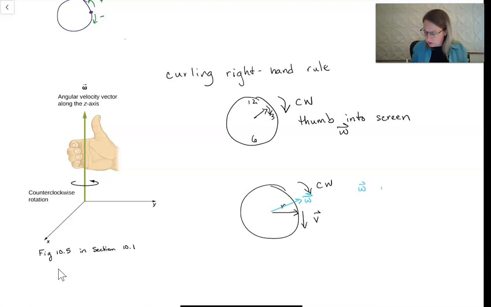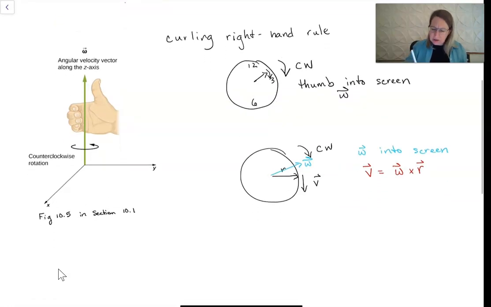Omega into the screen from our curling right hand rule. If we do that, then we can say, in fact, that V is equal to omega cross R. Everything will be consistent.